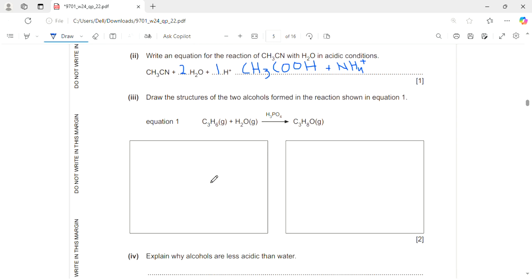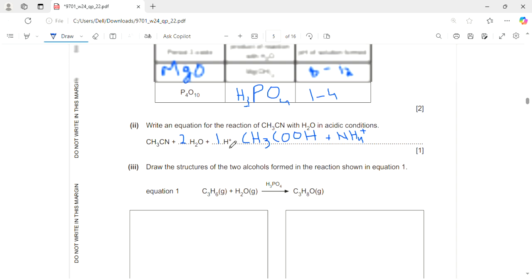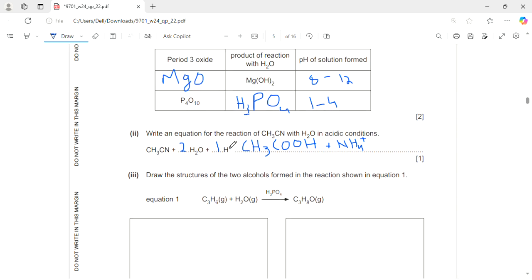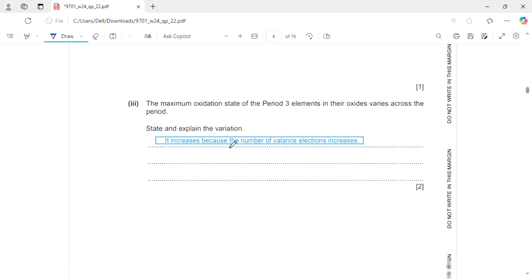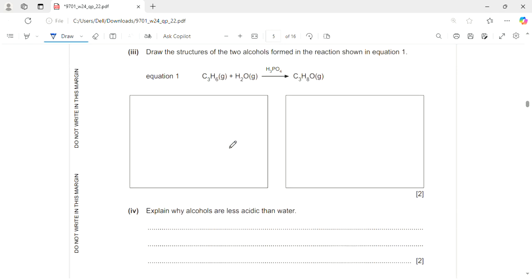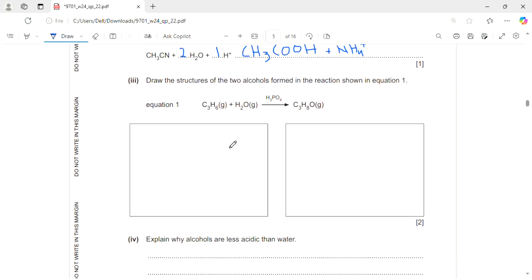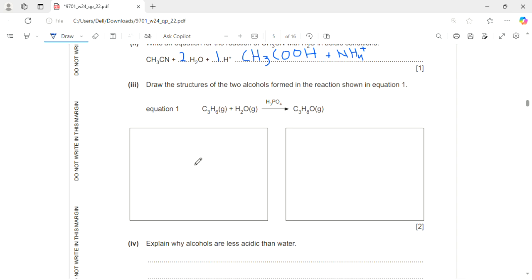Alright, we move to the next part. Draw the structure of the two alcohols formed in the reaction shown in equation one. 2 alcohols formed by this. So we all know that we have to just draw it like this. We have the 3 carbons here.